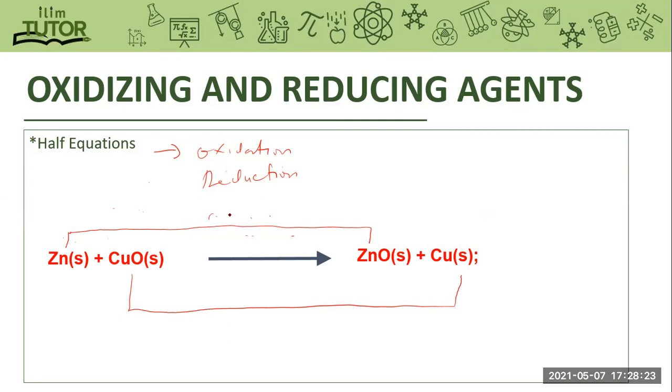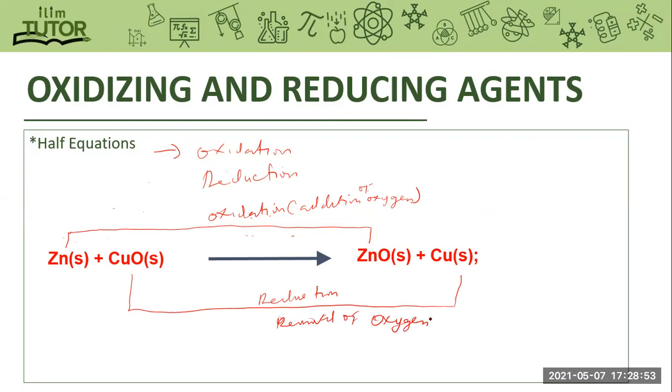So oxidation. The reason, addition of oxygen. So oxygen is added. All right. From copper oxide to copper, this is reduction. Okay. The reason, removal of oxygen. So that is my reason.